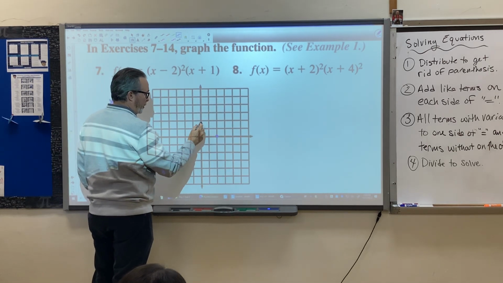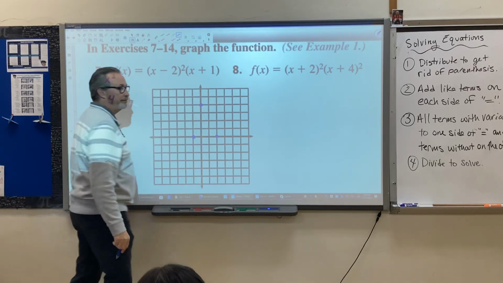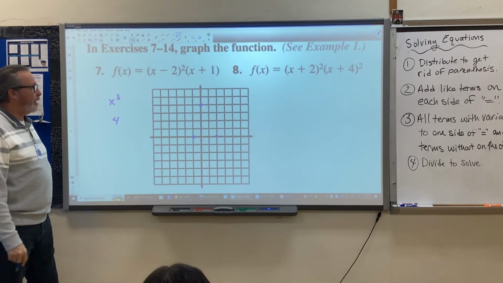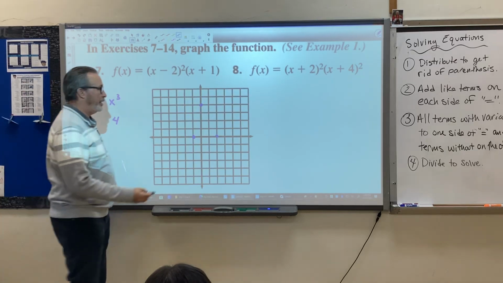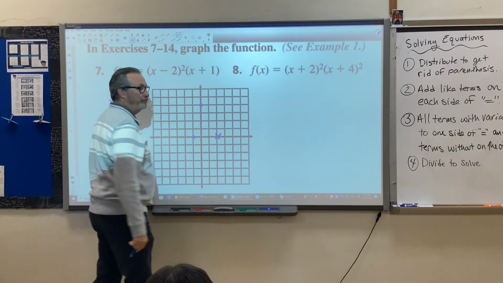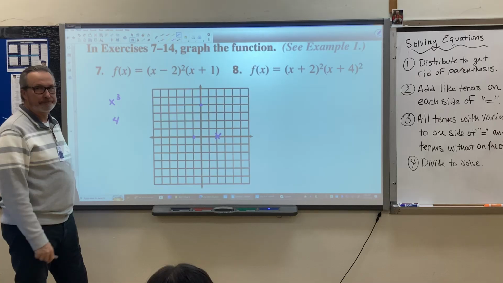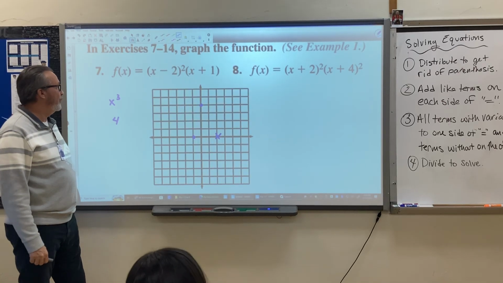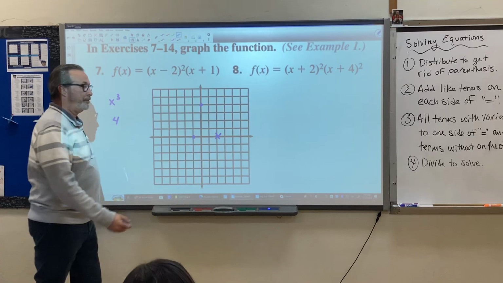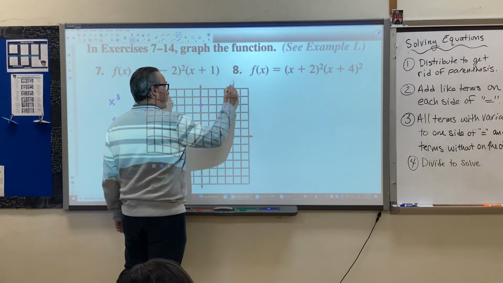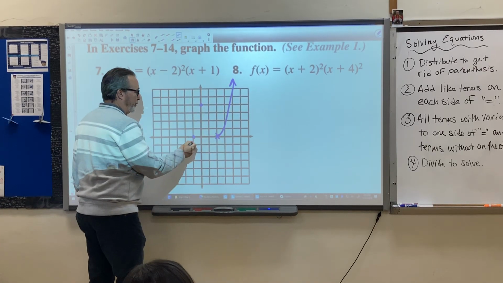That means it crosses the y-axis at 4. I know that at 2, it bounces off, it does not go through. And also, since the first term is positive, it goes up on the right and down on the left.